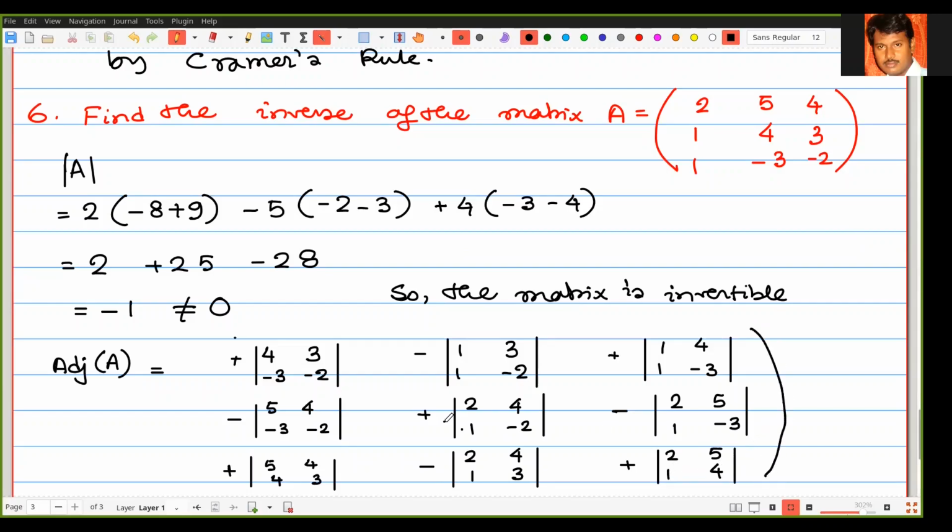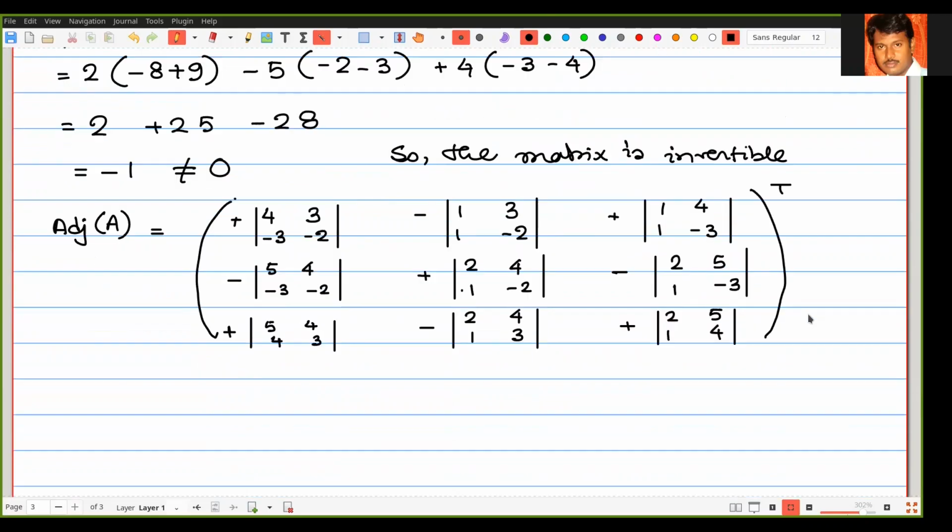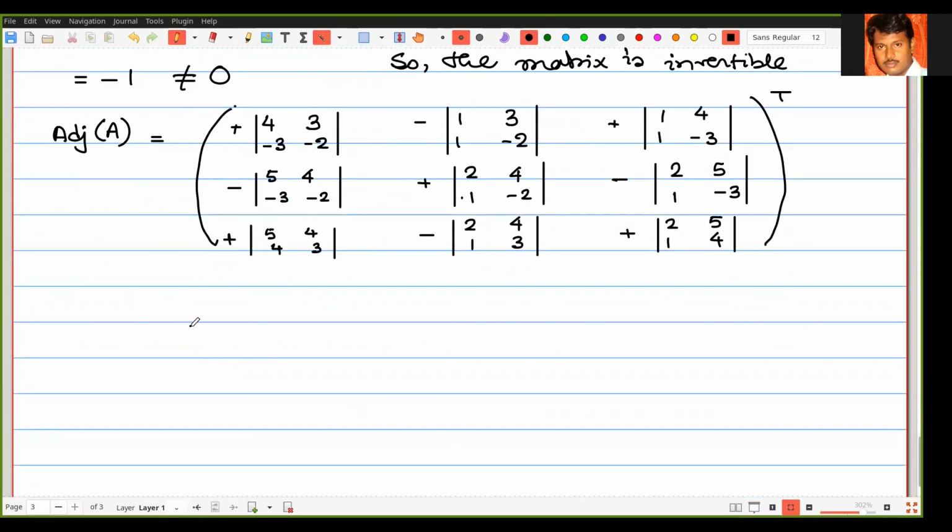And for the complete matrix, for the adjoint we have to find out the transpose also. So let us check the values now. The first one is 1, then 5, then -7, then -2, -8, +11, then -1, -2, 3.